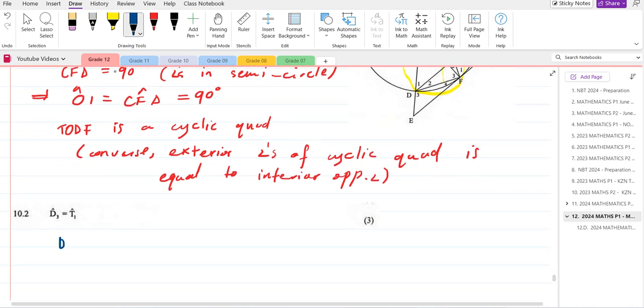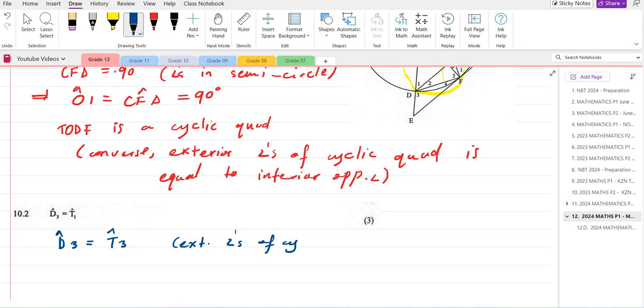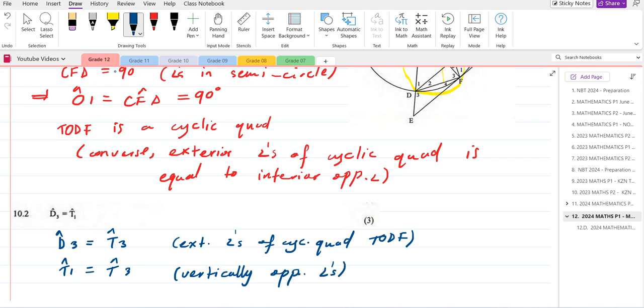Angle D3 is equal to angle T3. Reason? Exterior angles of cyclic quad TODF, right? And then angle T1 equals angle T3 because of vertically opposite angles, right?